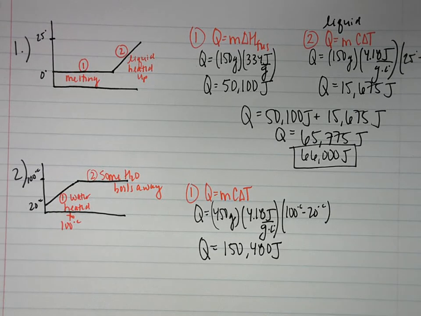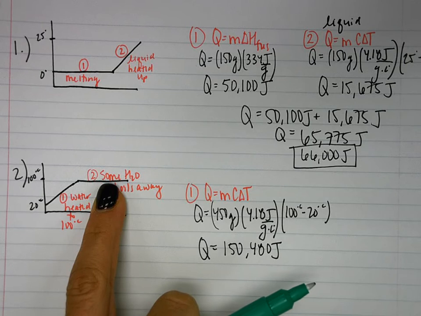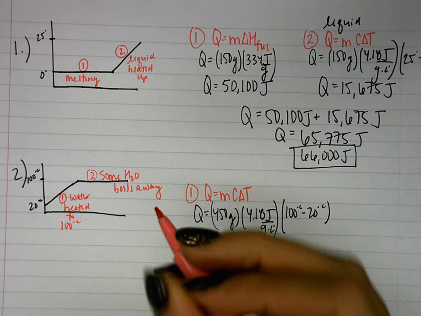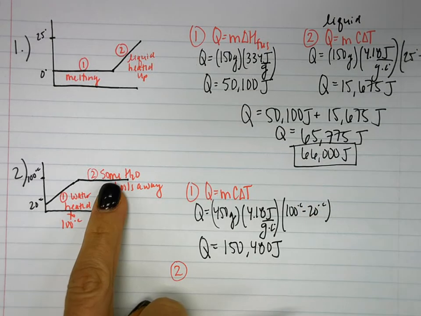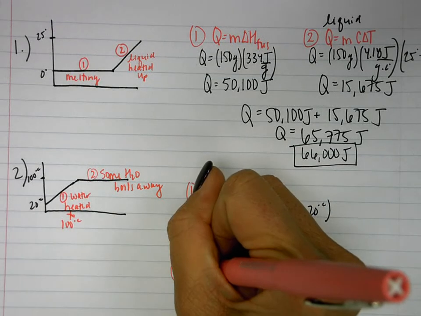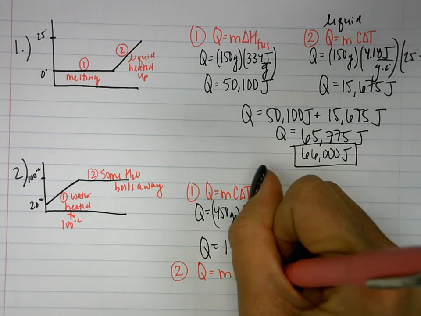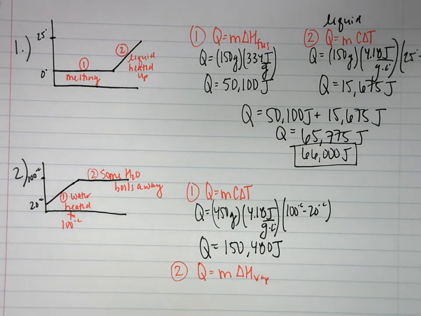The question is asking what mass of water would be boiled away. For the second part, our second equation, there is no change in temperature, so we're looking at Q equals m delta H. We're boiling away, so vaporization, and we want to know that mass. We know the burner transfers 325 kilojoules of energy to 450 grams of liquid water, so we know our total energy.